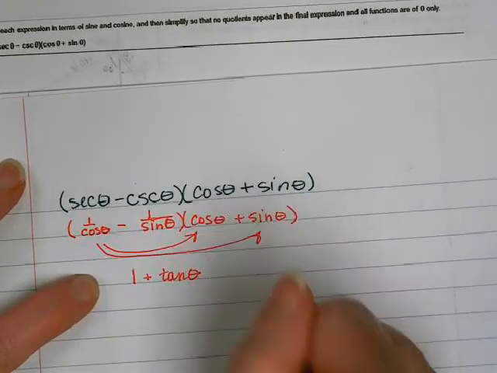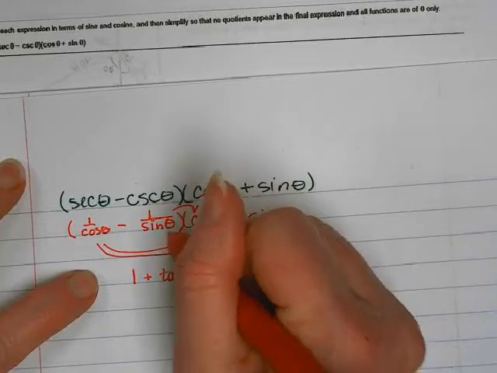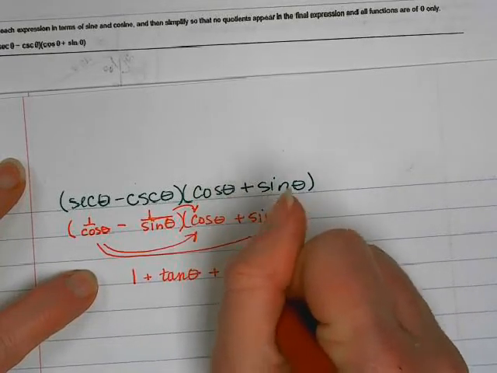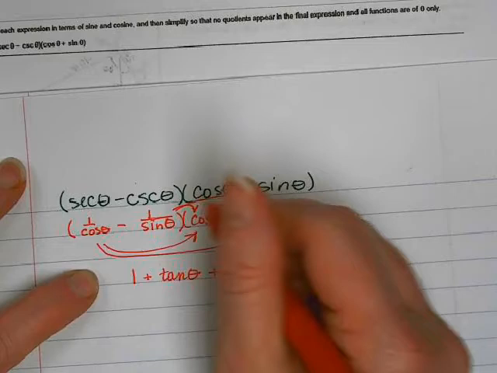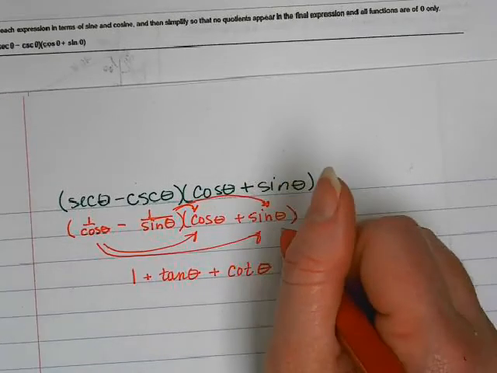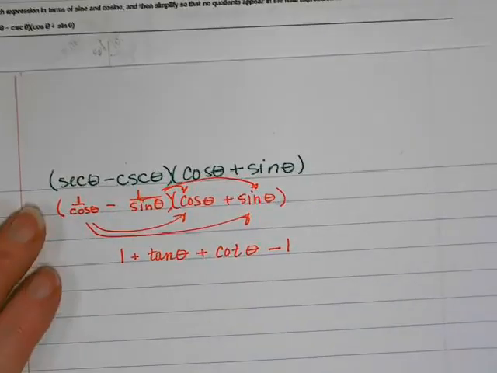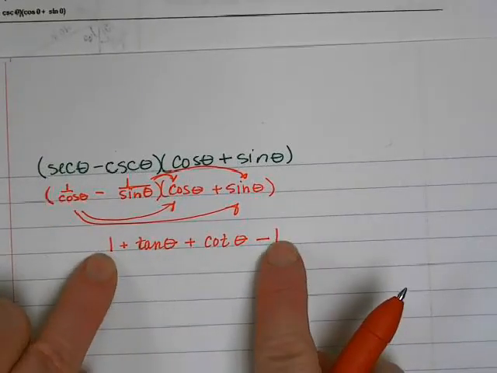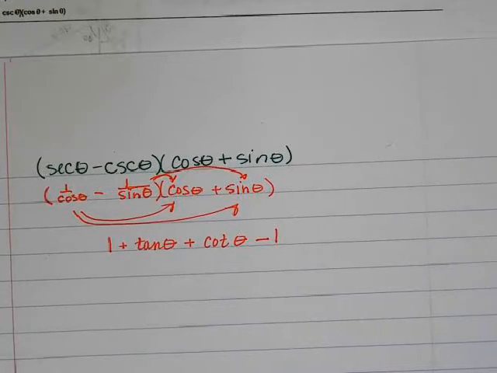Because it's sine over cosine. Plus, now, cosine over sine is cotangent. And then negative 1 over sine times sine, that's going to be negative 1. Okay, now my 1 and my negative 1 cancel, and you're left with just tangent theta and cotangent theta.